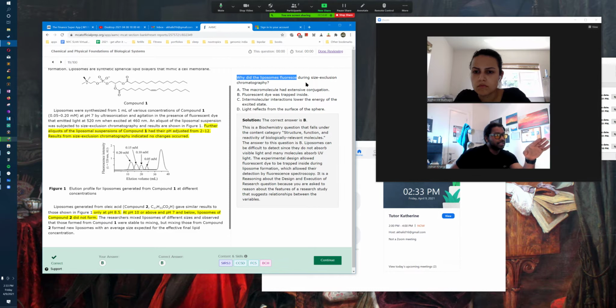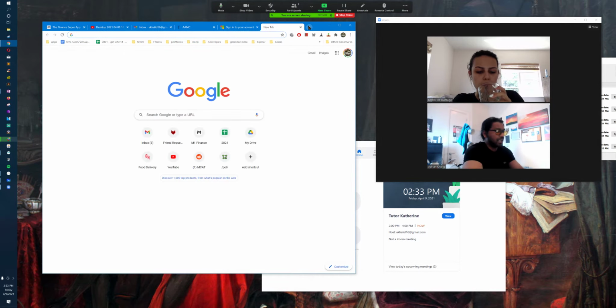But they're not really telling us anything about what macromolecule they're talking about, and it doesn't really explain why the liposomes are fluorescing. But that's just a choice if you thought they were asking why did the fluorescent dye fluoresce, because that kind of thing works from conjugation.